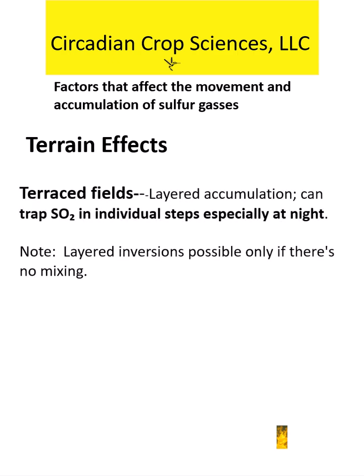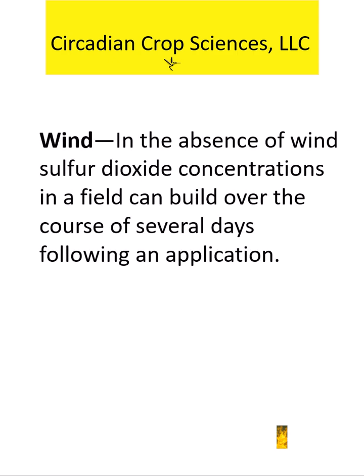Fields that are terraced into hills can get layered accumulation that traps sulfur dioxide and sulfur vapor in individual steps, especially at night. This type of layered inversion is really only possible if there's no air mixing. And in the absence of wind, sulfur dioxide concentrations in a field can build over the course of several days following an application.